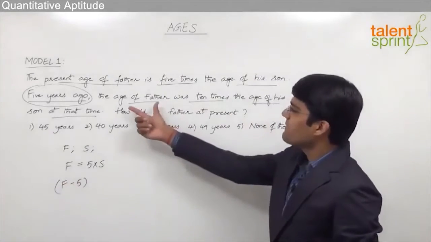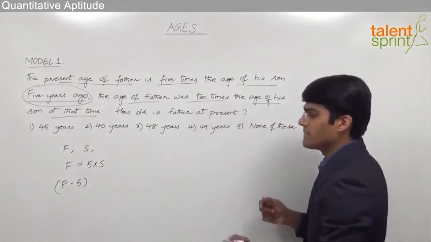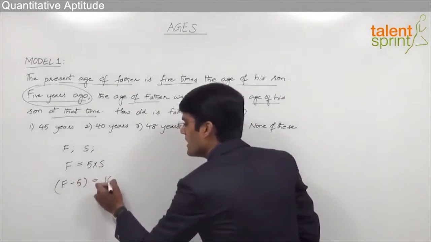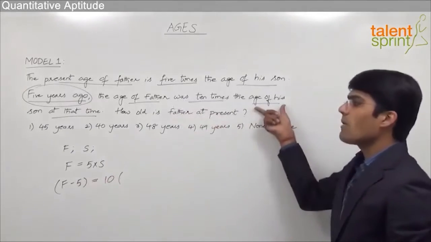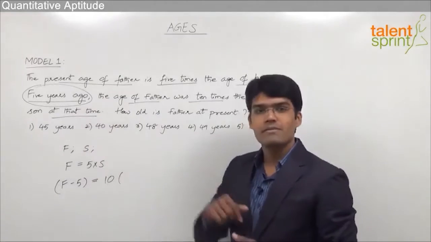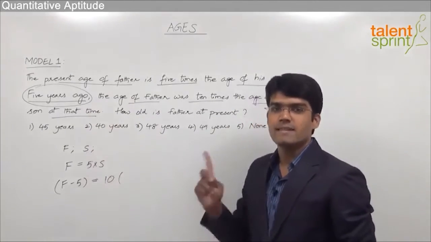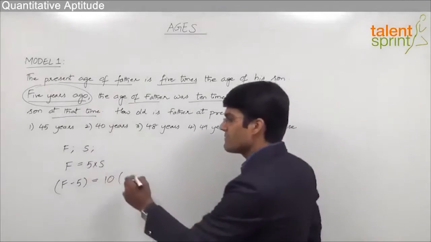So father's age 5 years ago was F minus 5 and this was 10 times. That means this should be equal to 10 times the age of his son at that time. That means age of the son 5 years ago. Again, if the present age of the son is S, his age 5 years ago should be taken as S minus 5.